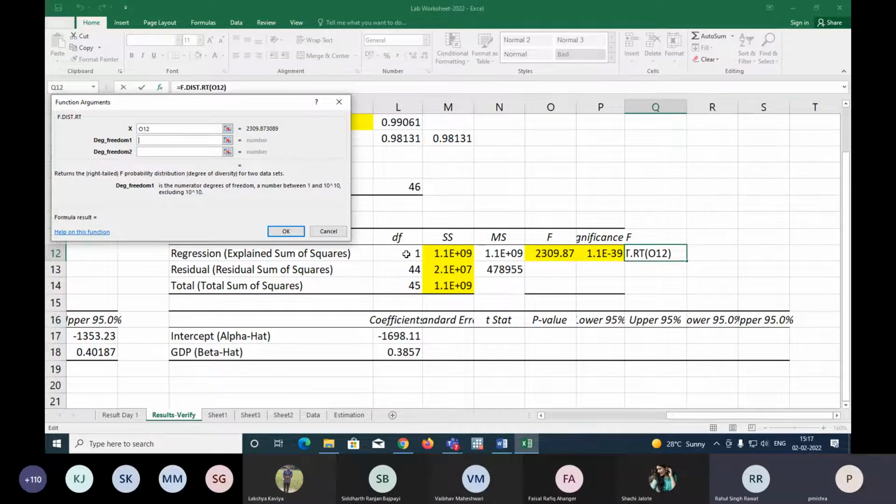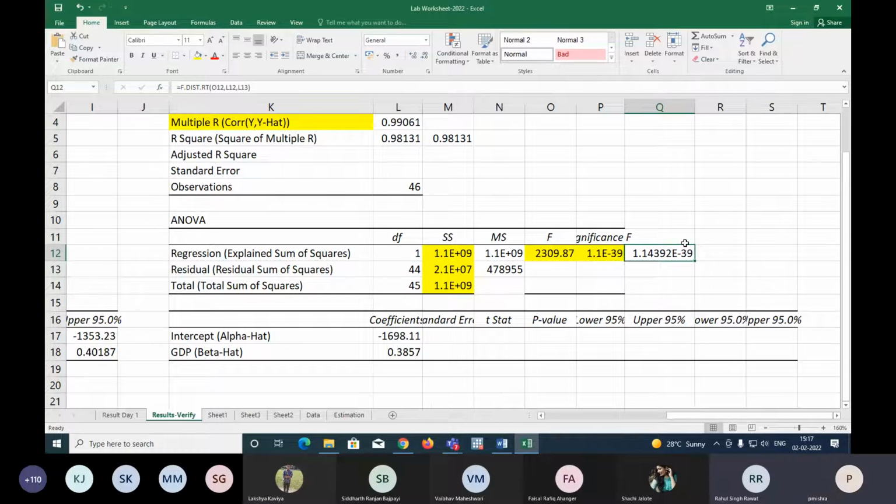That is this one. And degrees of freedom 2 means degrees of freedom for residual sum of square. That is this one. And then this is the significance level of F.